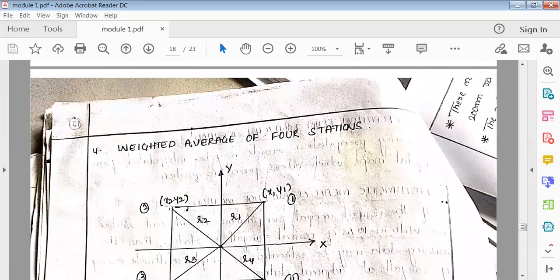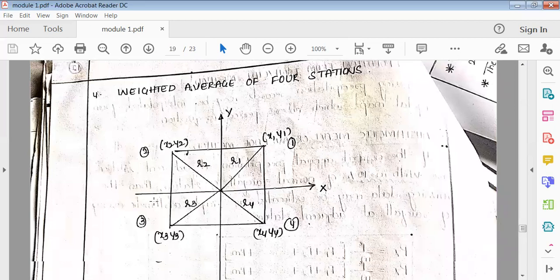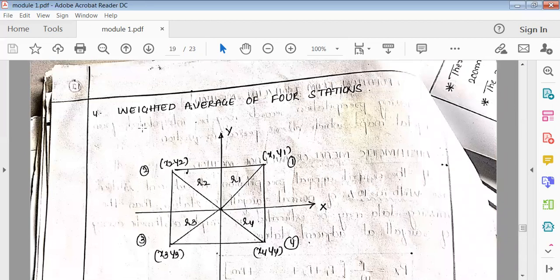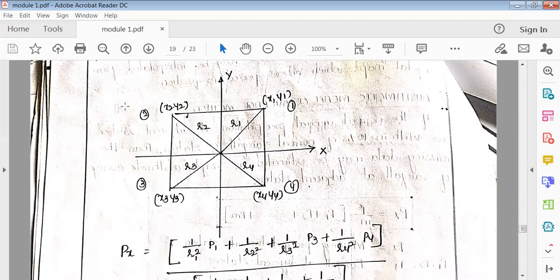The next one is the weighted average of 4 stations. It is there in the name itself. If missing data is required at a given station, the adjacent 4 stations are taken. You can see 1, 2, 3, and 4, 4 stations.